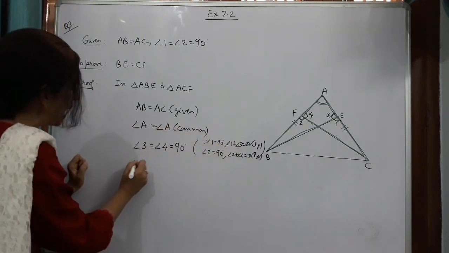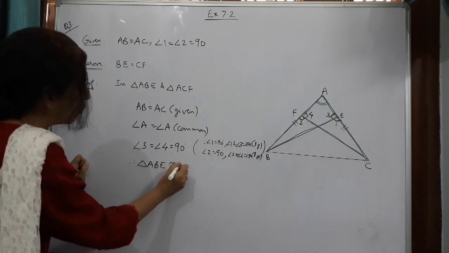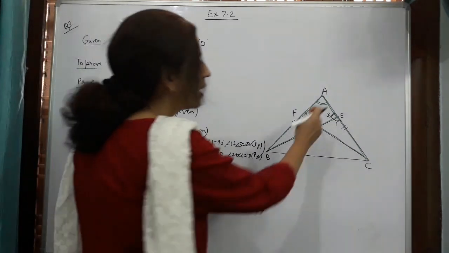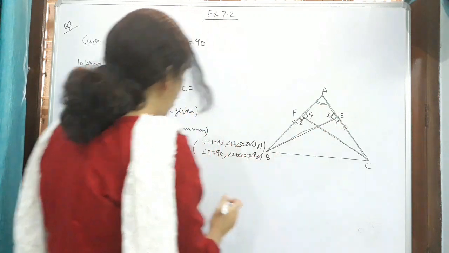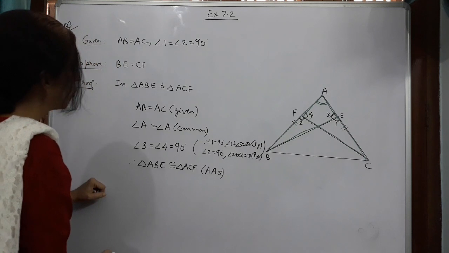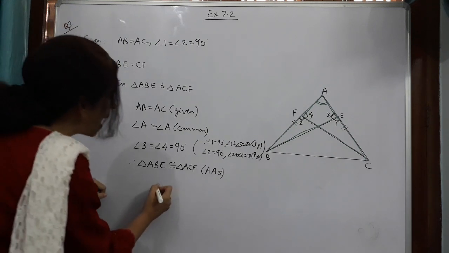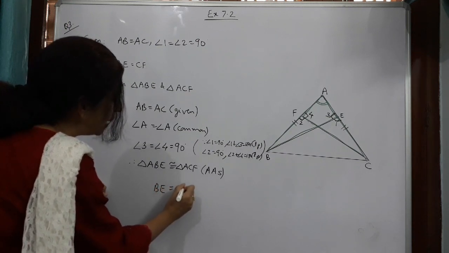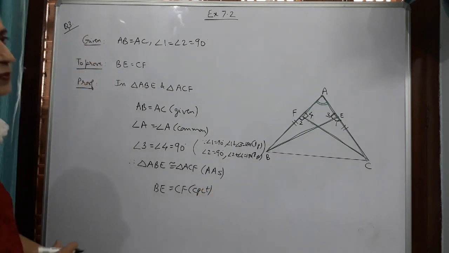So we can say that triangle ABE is congruent to triangle ACF by which criteria? AAS criteria of congruence. By AAS criteria, the two triangles are congruent, and if the triangles are congruent, then BE would be equal to CF by CPCT.